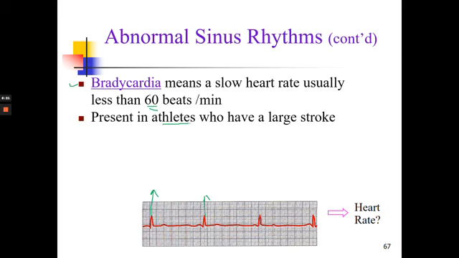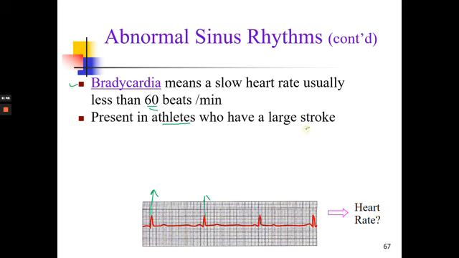We will come to that, because athletes have a stronger heart, so their ability to pump blood out is much more than normal. They don't need a higher heart rate to have a normal cardiac output, because they have a large stroke volume.